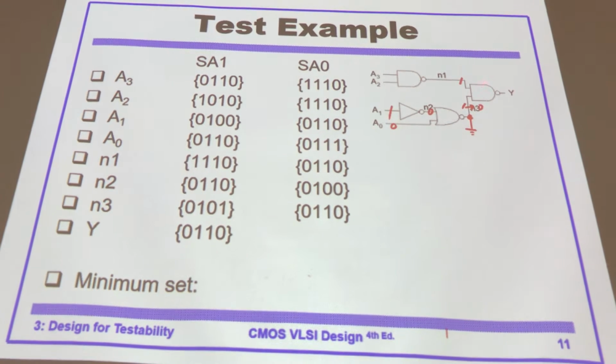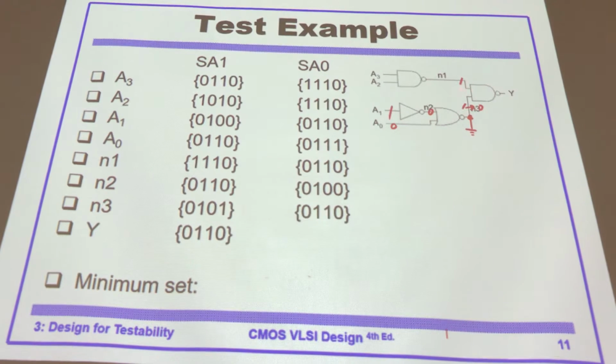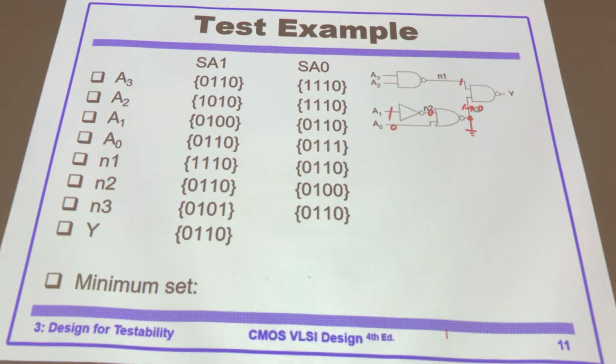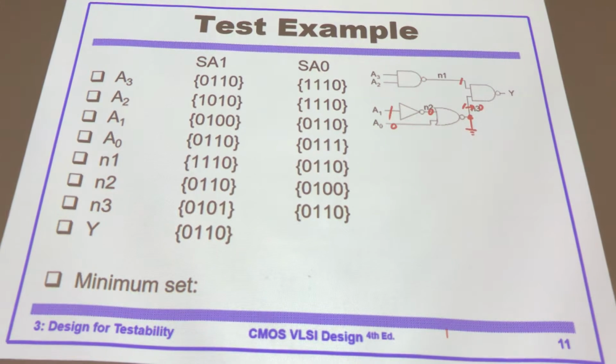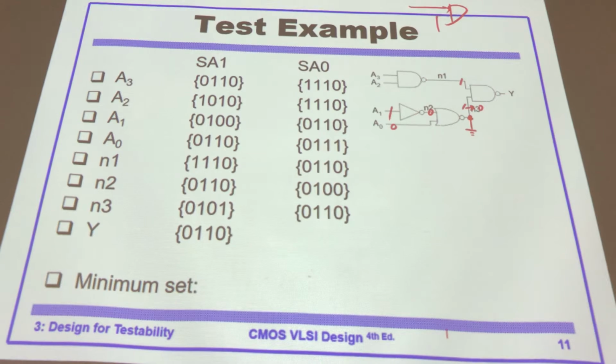For AND gate or NAND gate, this signal is a control signal. The control signal 1 for AND gate, then this input is going to get through to the Y. For AND gate or NAND gate, you should give 1 here.